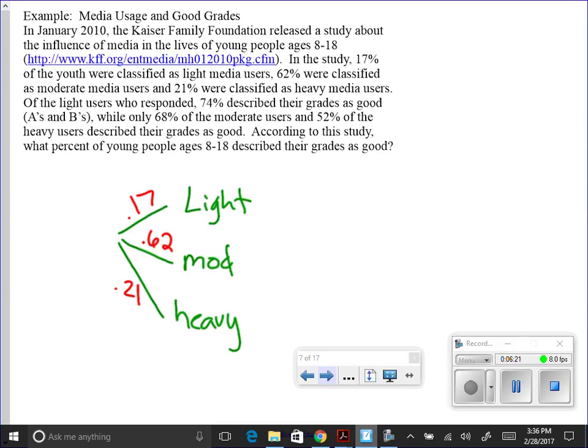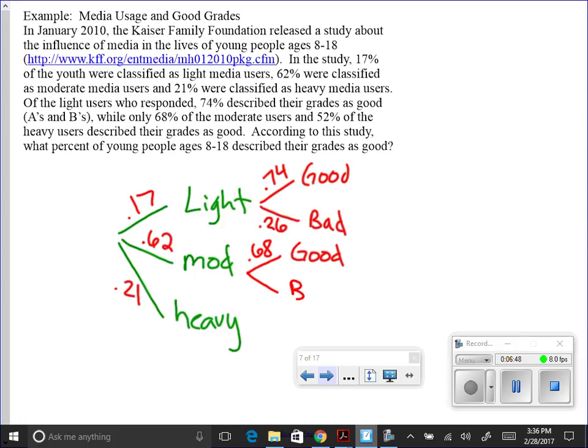Of the light media users, 74% describe their grades as good, so the bad would be 1 minus 74, which is 26. Of the moderates, the ones that described their grades as good were 68%, so bad would be 0.32.